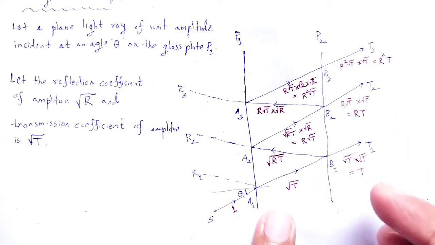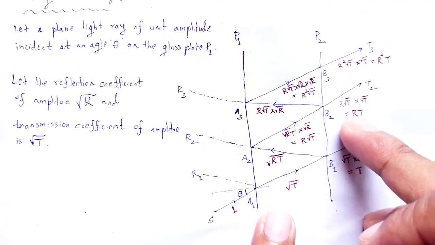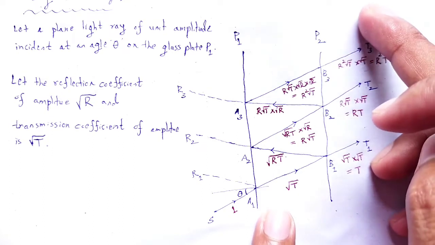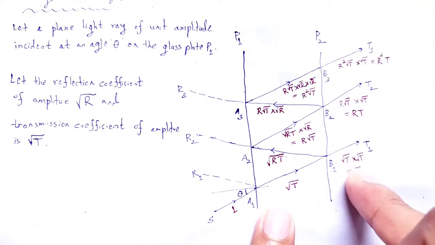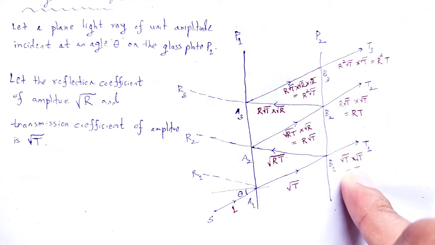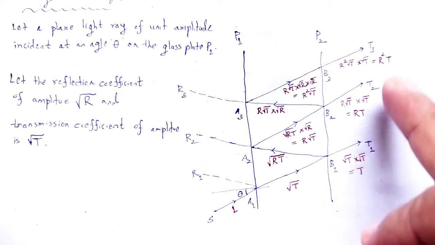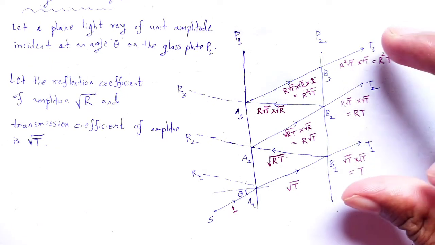Like this it proceeds: t, rt, r square t, r cube t, like that. In this way the amplitudes are classified.